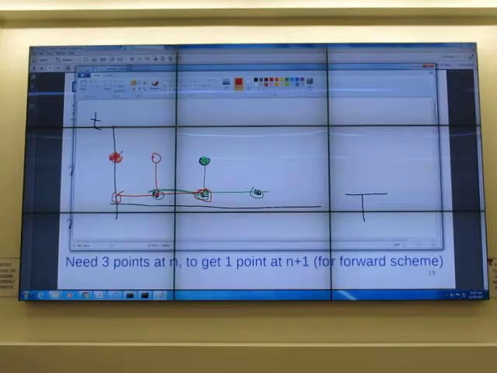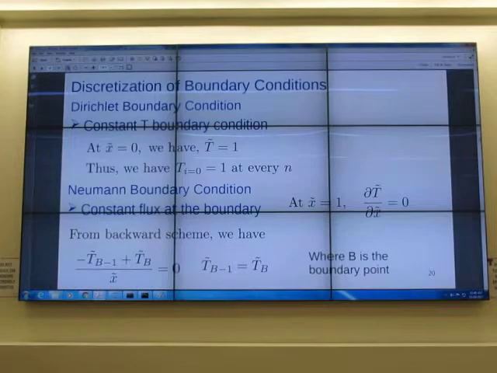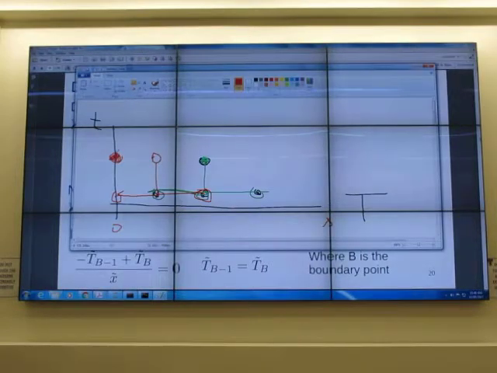Some boundary just says, hey, at x equal to 0, temperature equal to 1 all the time. Do we have that? At x tilde equal to 0, T equal to 1 all the time. So we don't need to do any calculation. That point is just 1.